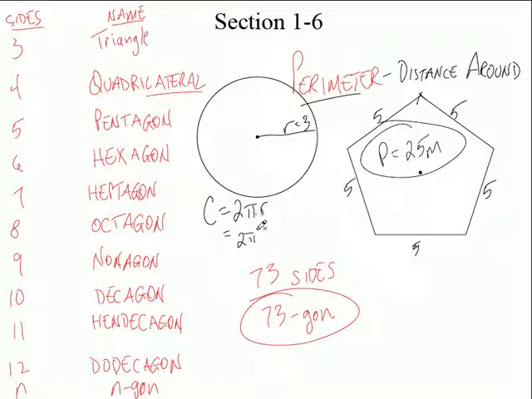It's 2 times pi times what? 3, or 2 times 3 is 6. 6 pi. I would actually let you leave it like that if you wanted to. Or what would you put in your calculator for this? 3.14.